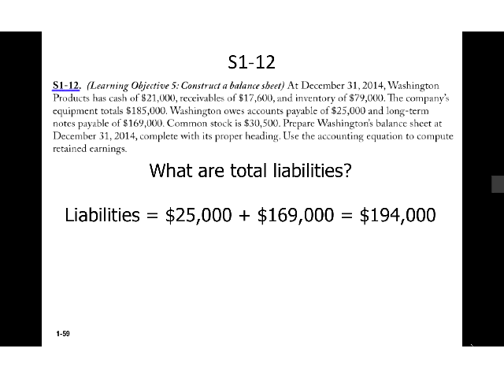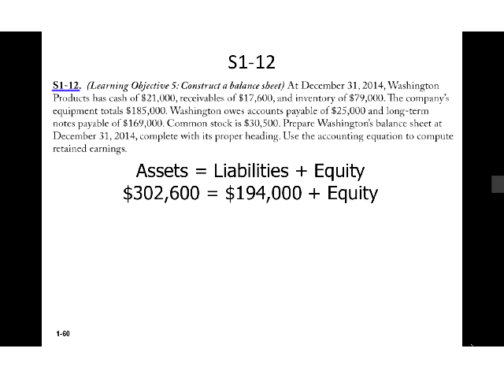Okay, so now we know assets, we know liabilities. Assets are 302,600, which we got by adding the four assets together. Liabilities are 194,000 because we just added accounts payable and long-term notes payable together.